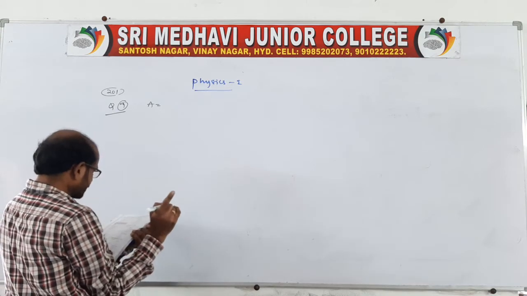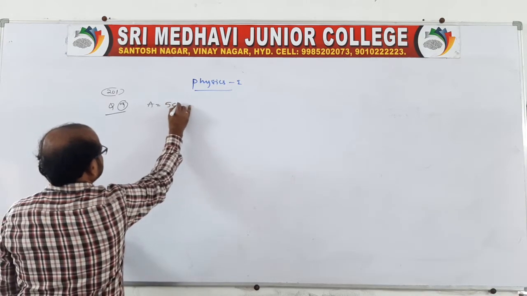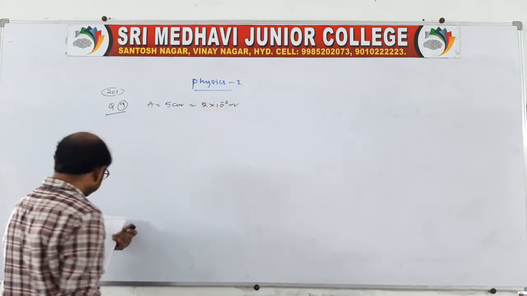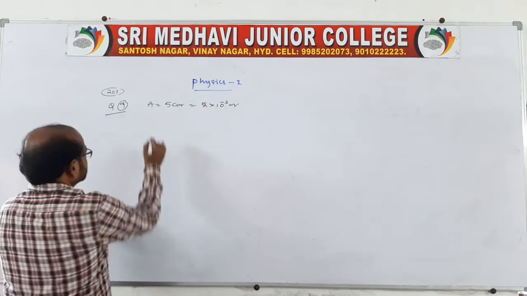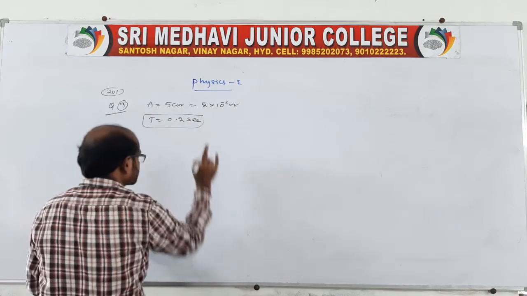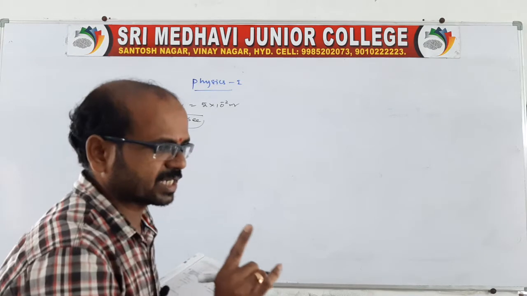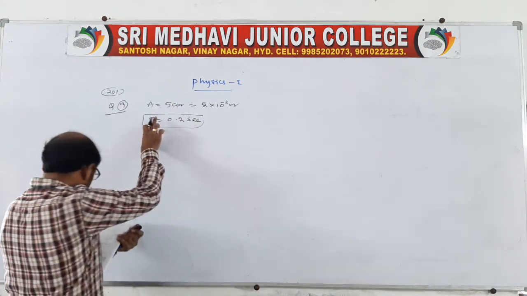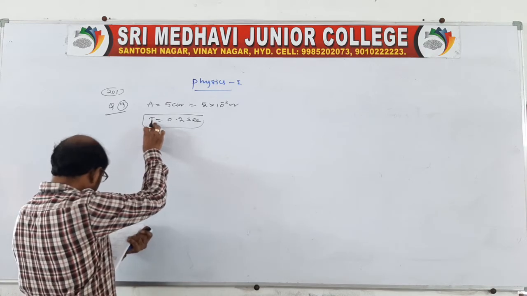So the amplitude given is 5 centimeter. If you want to write in meters also, no problem, 10 power minus 2 meters. And the period, I told you very clearly, it is the time period, not small t time. You take only capital T, because it is given as the period. So the time period is 0.2 second.